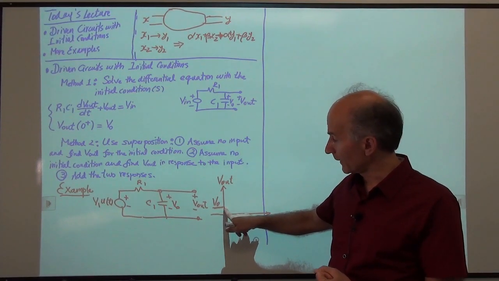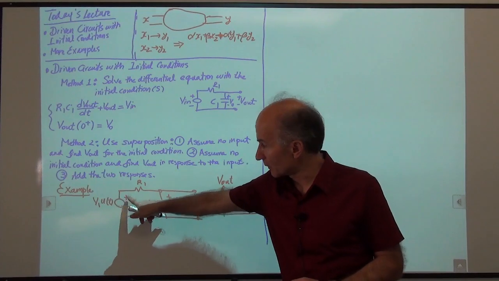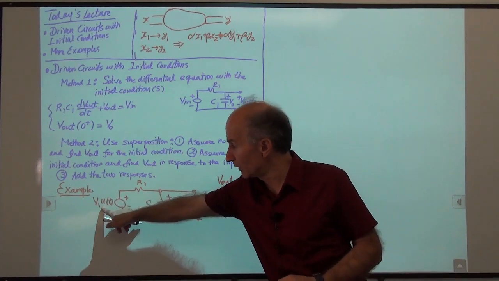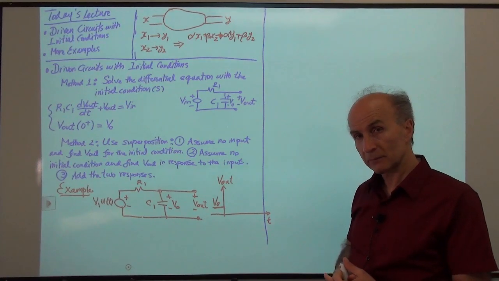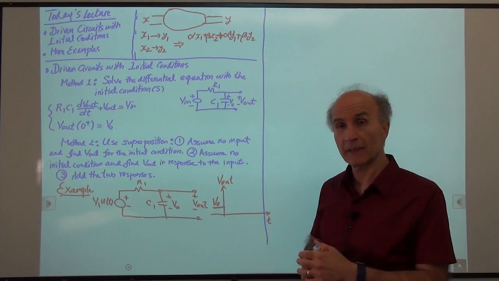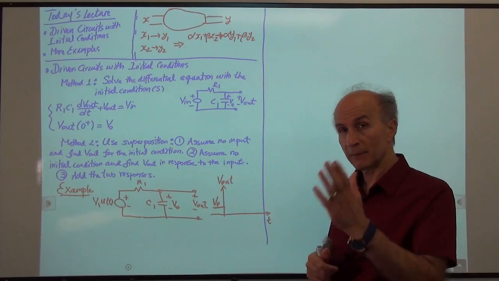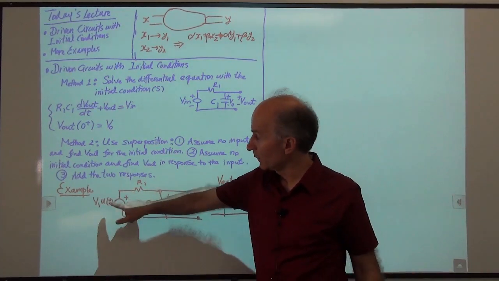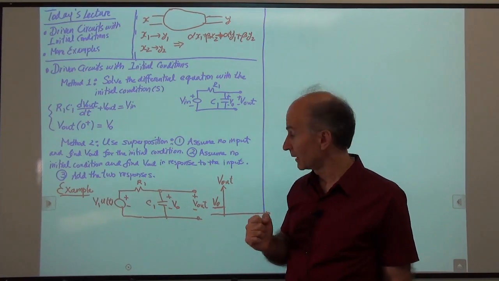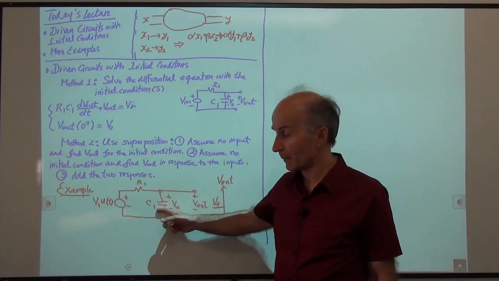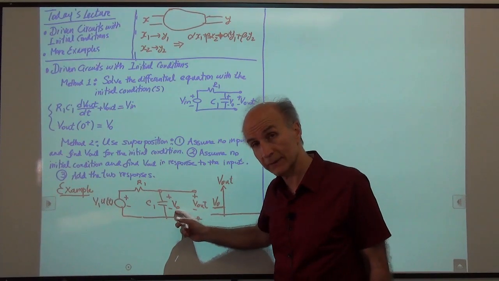Okay, and then we apply a step. So this jumps from 0 to V1 at time 0. So what should happen? Well, let's go to time infinity and see what's happening. At time infinity, this voltage is V1. The difference between these two is V1, like a battery. And we're guessing that this capacitor voltage will be constant.